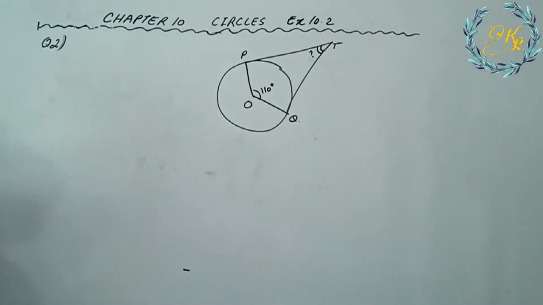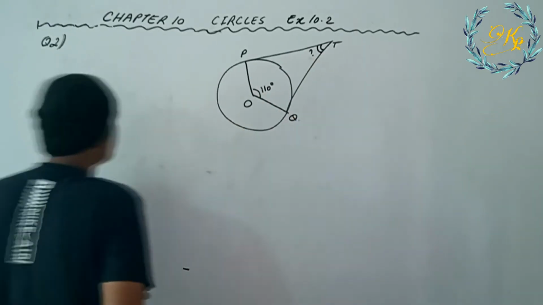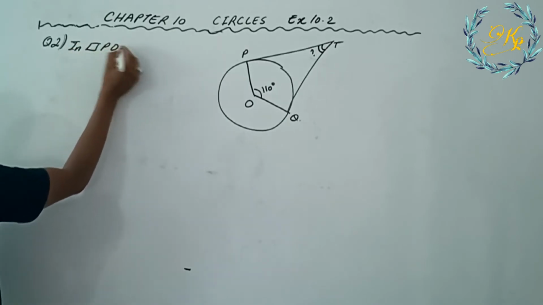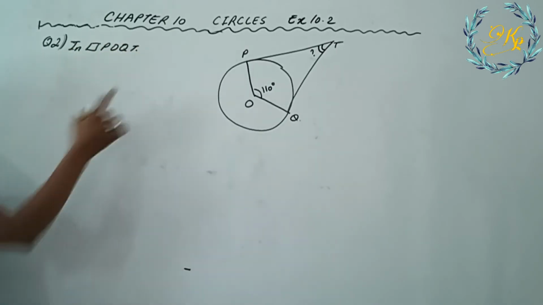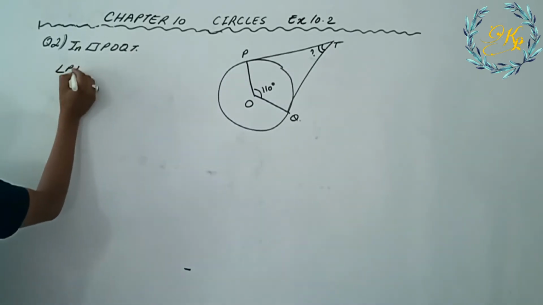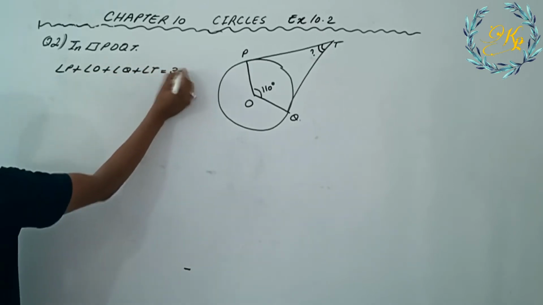In quadrilateral POQT, you can see 1, 2, 3 and 4. So we'll begin the sum like this. In quadrilateral POQT, let's take the sum of all the four angles. Angle P plus angle O plus angle Q plus angle T is equal to 360.